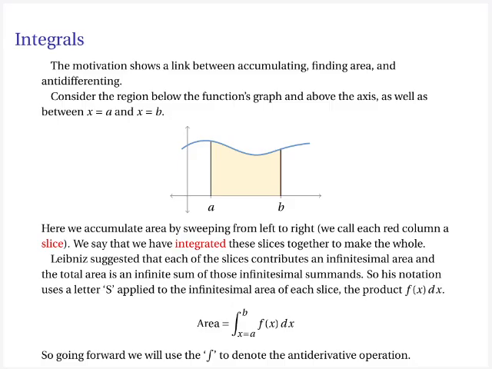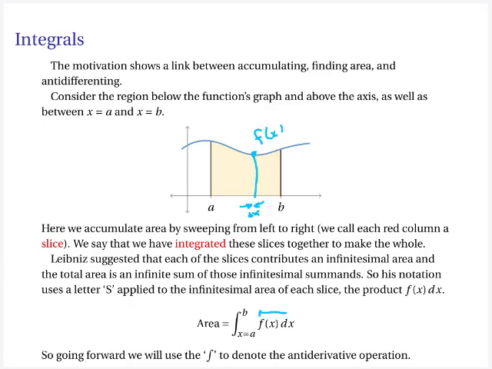Leibniz had in mind that each of those slices contributes to the yellow area an infinitesimal area, and the total area is the infinite sum of all these infinitesimal summands. So his notation uses a capital letter S, applied to the infinitesimal area of each slice. So if you look at a slice like so, it is f of x tall, and it is dx wide. Can you see the dx there? dx wide.